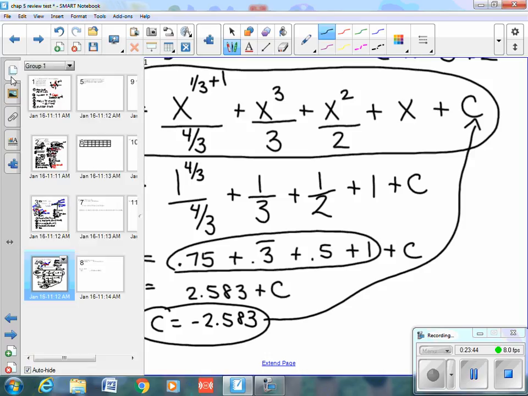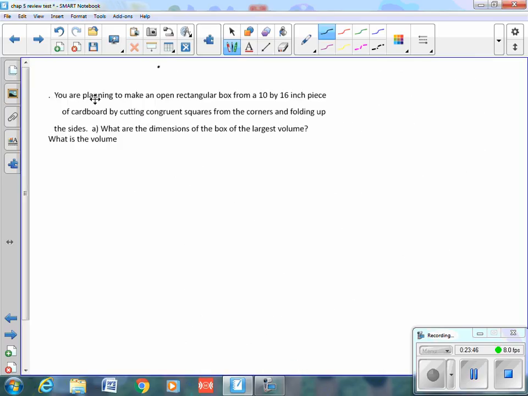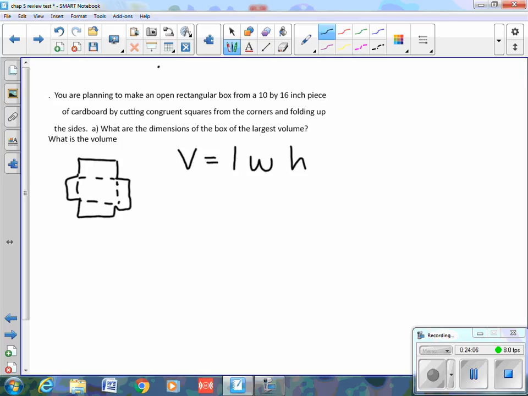Okay, next one. You're planning to make an open rectangular box. So this is what it looks like. Well, for Pete's sake. And you're going to fold these up, and you're going to make your open box. Volume is equal to length times width times height. The height of the box is x.